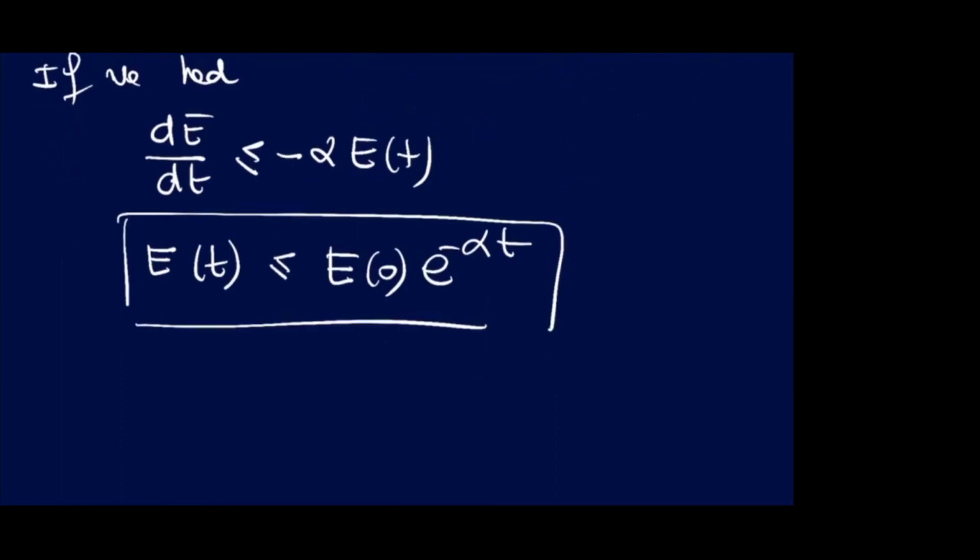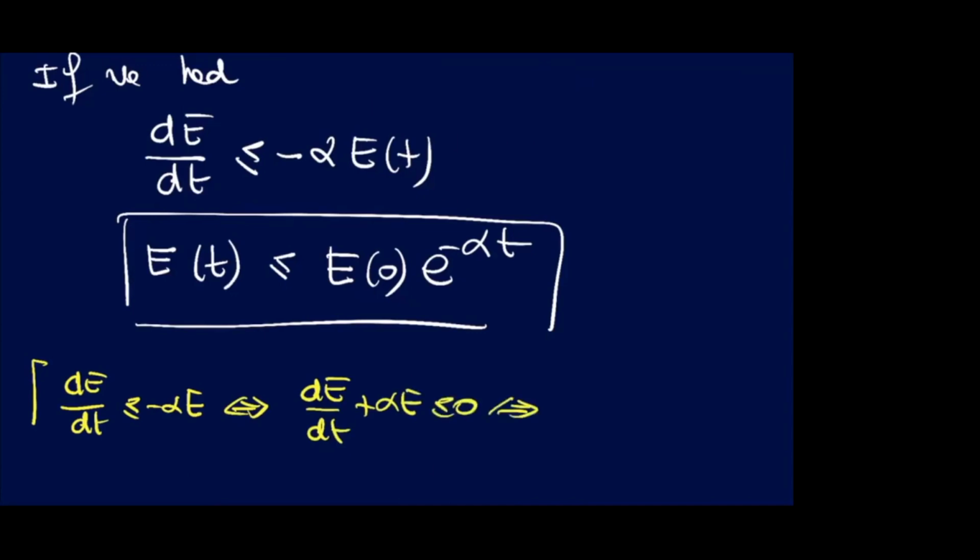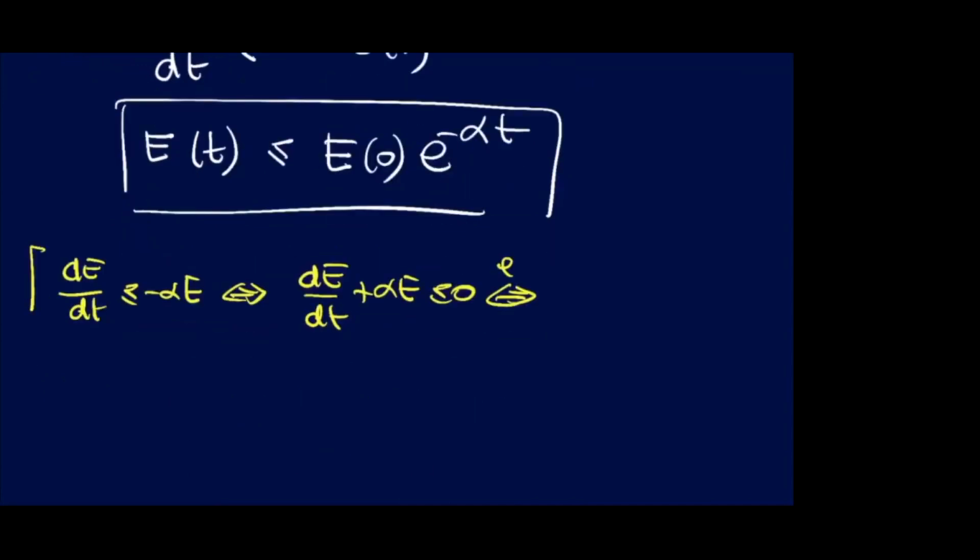As you know, the proof of that is very elementary. I simply rewrite the fact that the derivative of the energy is less than minus alpha E as the derivative of the energy plus alpha E being negative. If I multiply by exponential of alpha t, I observe that the derivative of exponential alpha t times E(t) is negative.